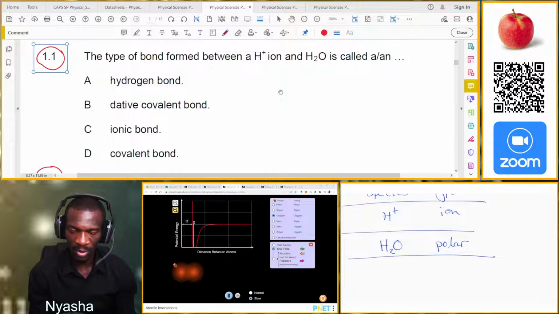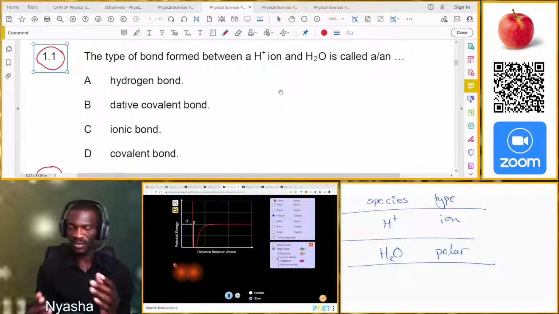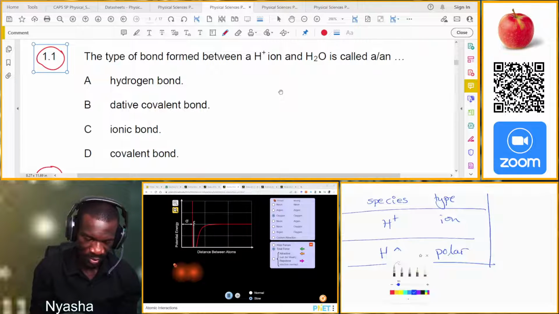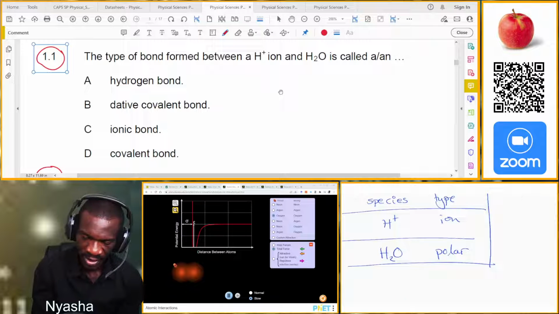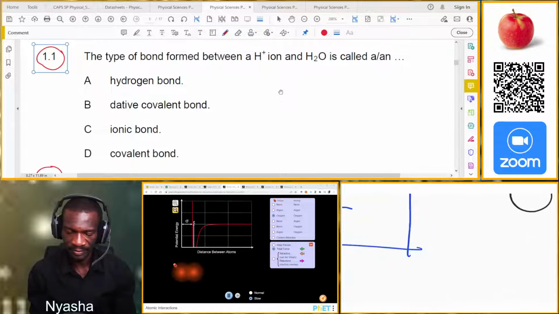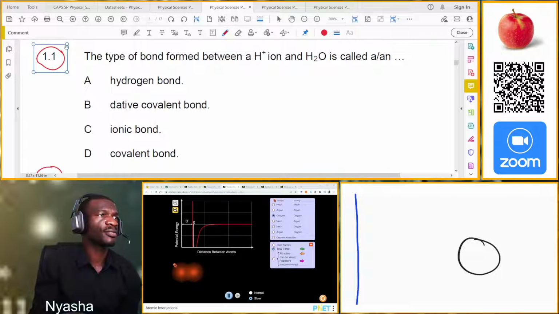So let's just draw our water molecule. Central atom, we'll start with the central atom, oxygen. So let's just have a Lewis diagram. Oxygen has how many electrons in the outermost shell?